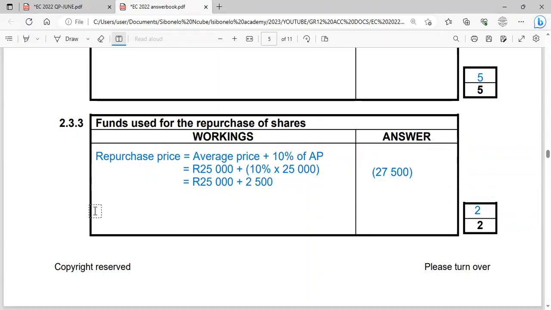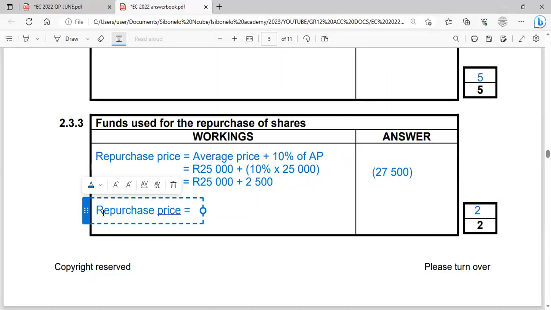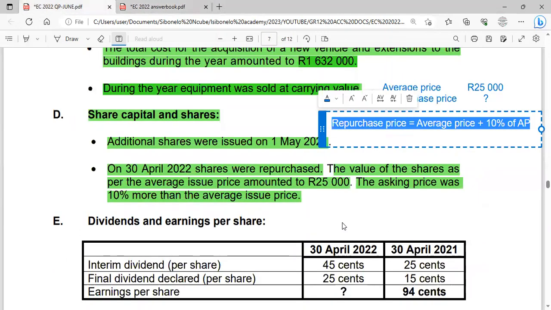Or there is another formula that you can use here. If you don't understand this one, you can take the repurchase price equals 25,000 times... So guys, we are told that the repurchase price is 10% more than the average price.